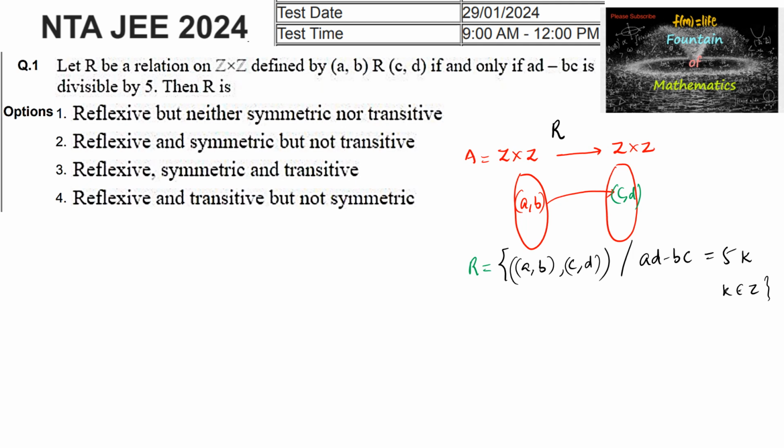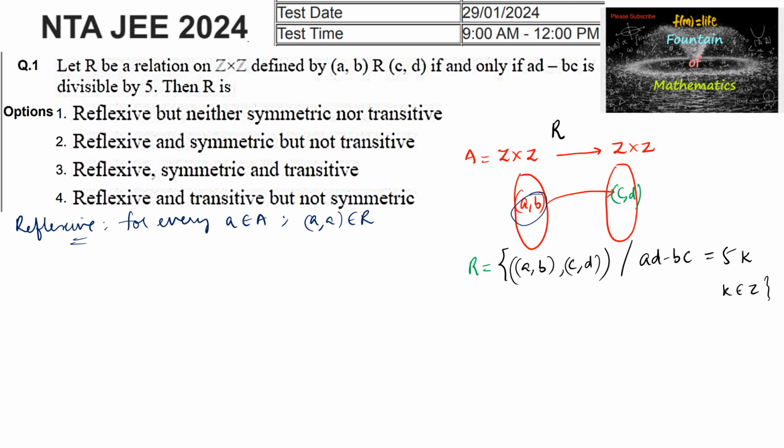So reflexive. The definition of reflexive: for every element in the set, (A, A) must belong to R. So for every element in this set, (A, B) must be related with (A, B).